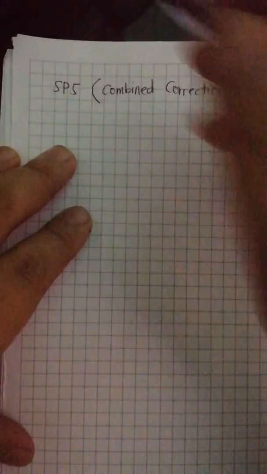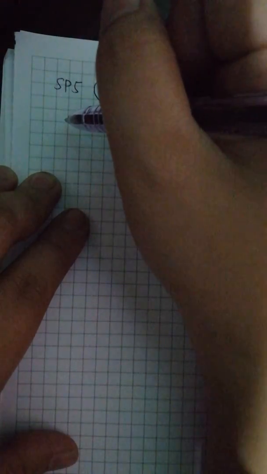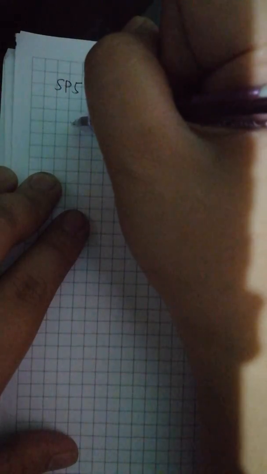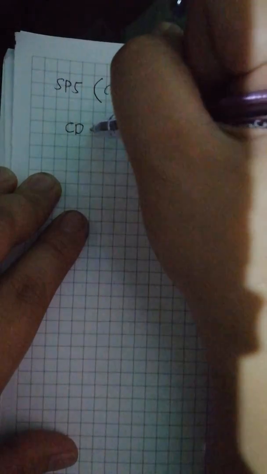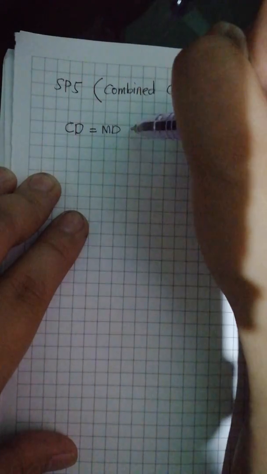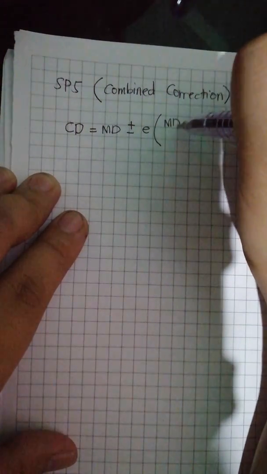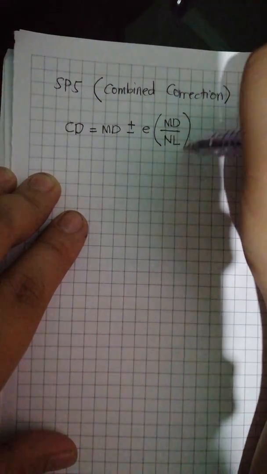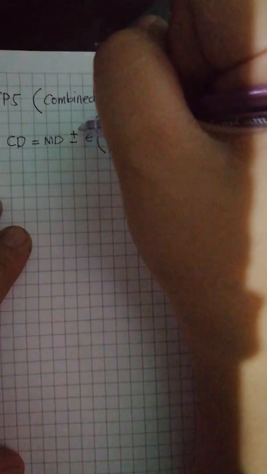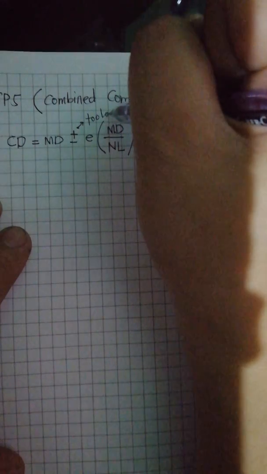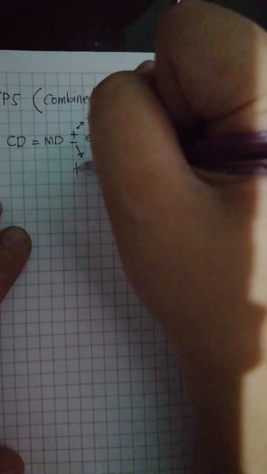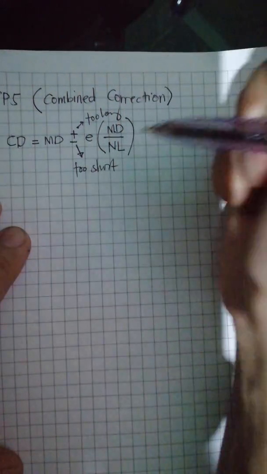Okay. So, for combined corrections, again, for the incorrect tape length, corrected distance is equal to measured distance plus or minus the error in the tape times the measured distance over the nominal length. So, plus if the tape is too long, minus if the tape is too short.